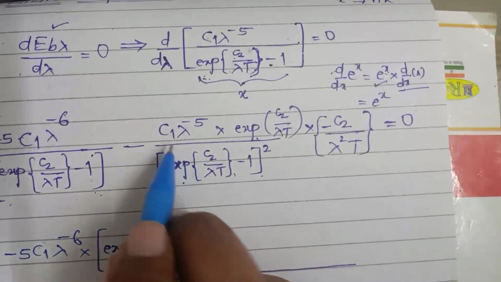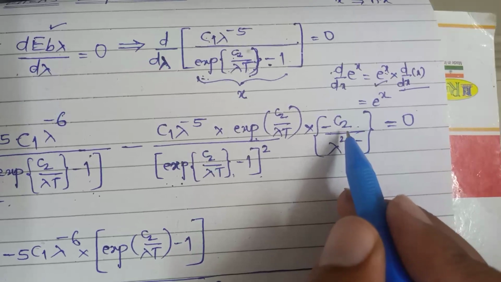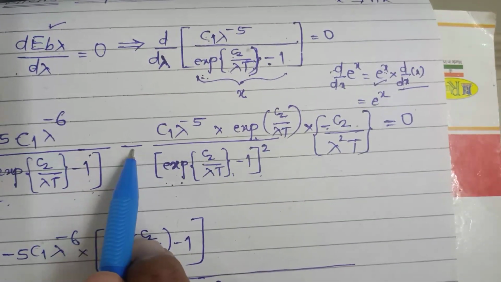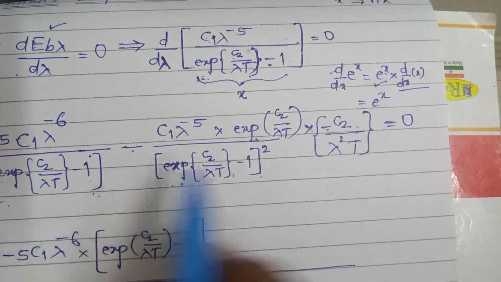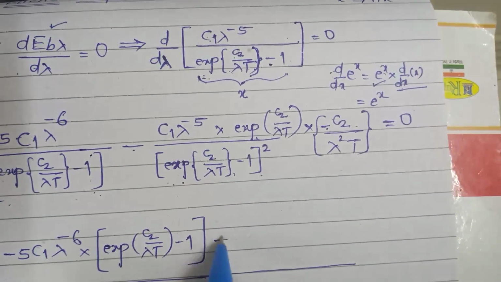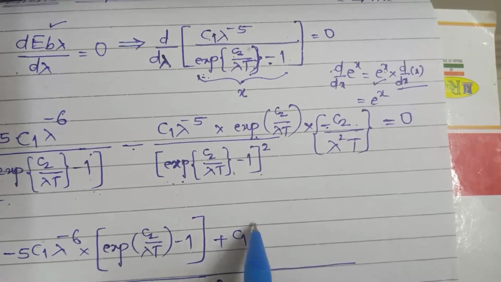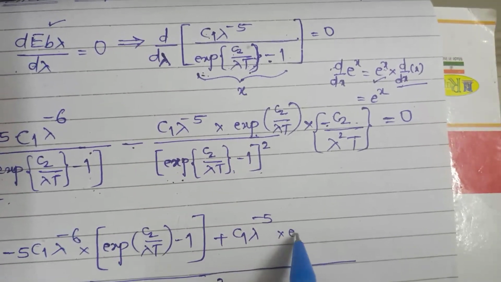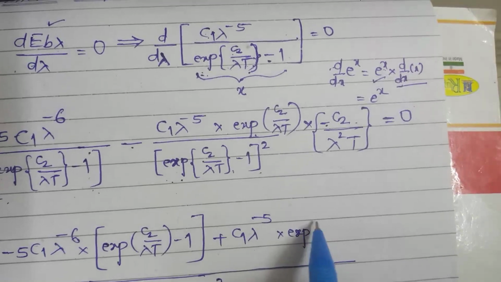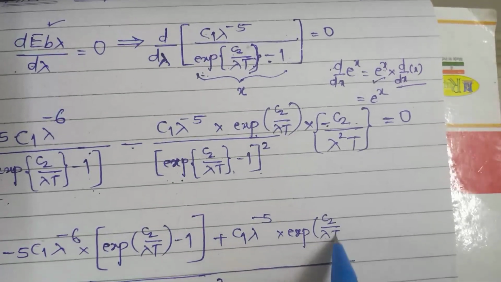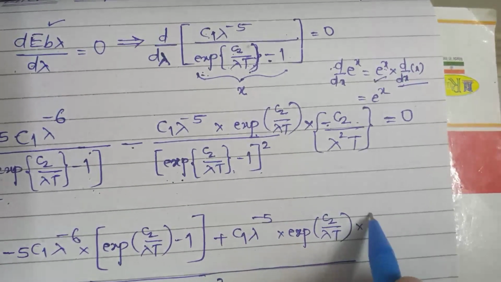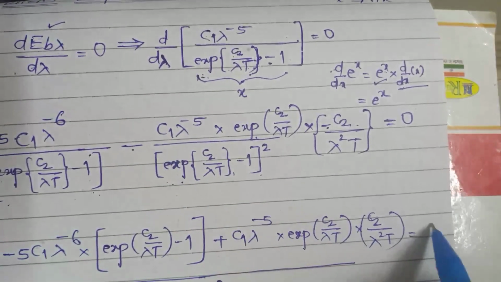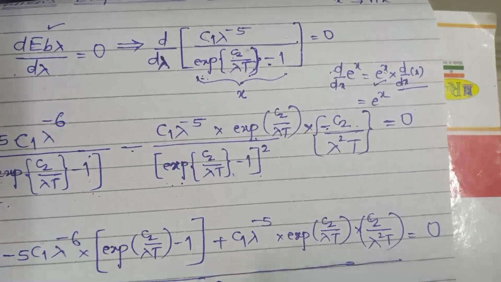Now in the numerator the same term, no change with that. Only this negative and this negative will cancel out each other, so it will become positive. So plus c1 lambda raised to minus 5 multiplied by exponential of c2 by lambda t multiplied by c2 by lambda square t, and this entire thing should be equal to 0.